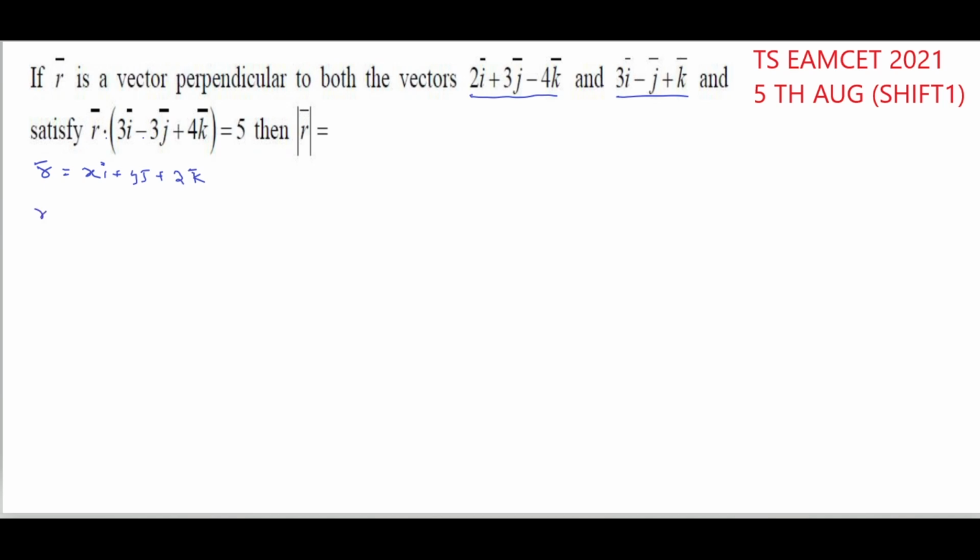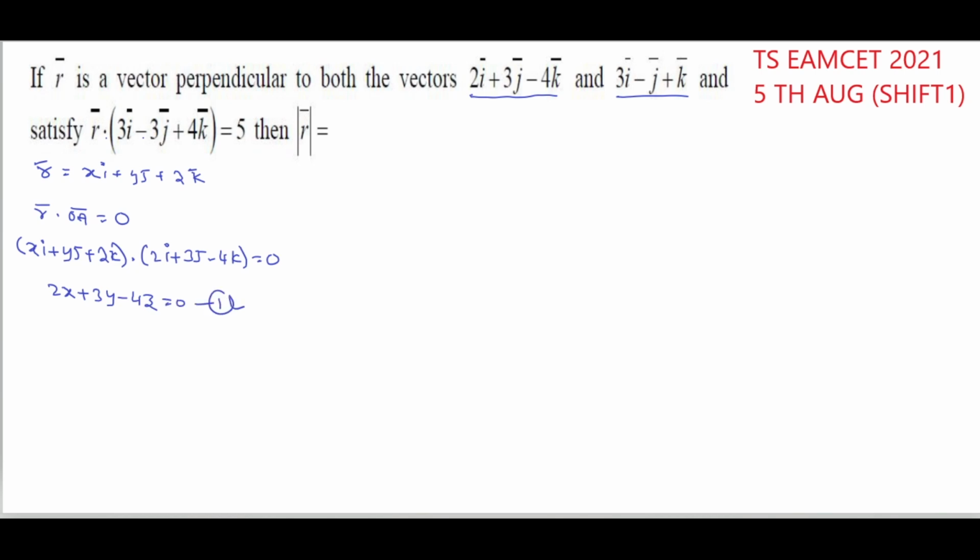So that is r bar dot that vector is equal to 0. So xi plus yj plus zk dot 2i plus 3j minus 4k is equal to 0. From this, 2x plus 3y minus 4z is equal to 0. This is the first equation.